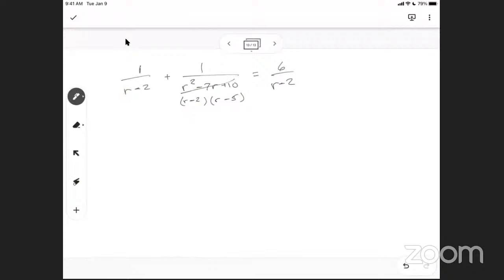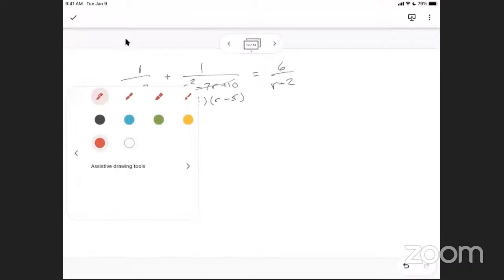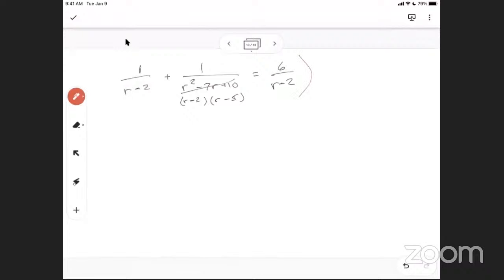See how I'm rewriting that? You're going to multiply everything by r minus 2 and r minus 5 on the top. When I multiply that to this one on the left, what's going to cancel out? The r minus 2. And what's going to be left? r minus 5.